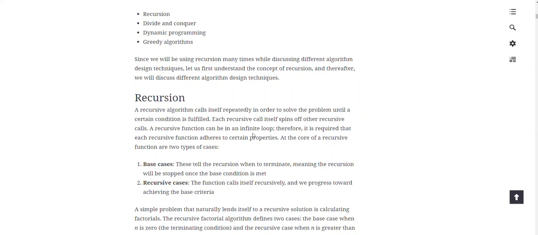Now, one of the things that you may or may not have been exposed to in a lower level programming language is the concept of recursion. Essentially in recursion, we have a method.